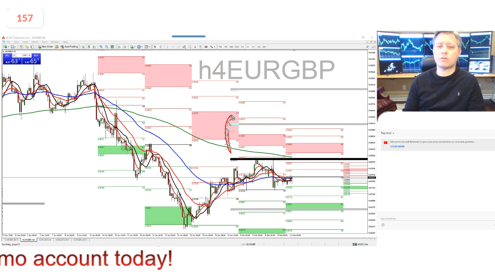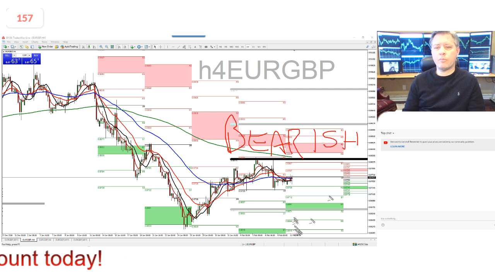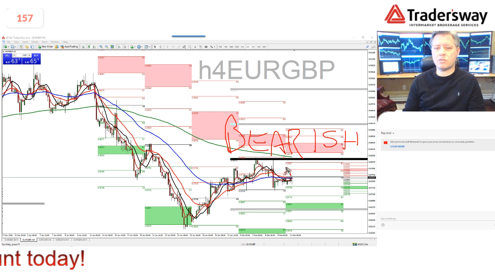Currently, we're bearish. So to maintain that, this is the bearish sell zone currently.